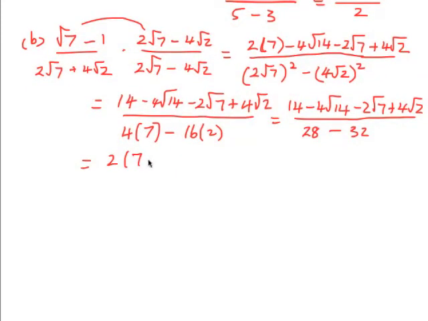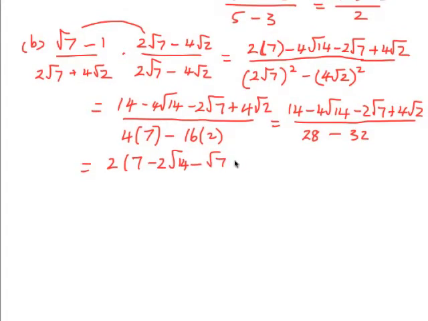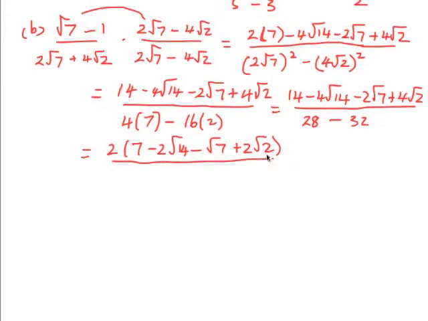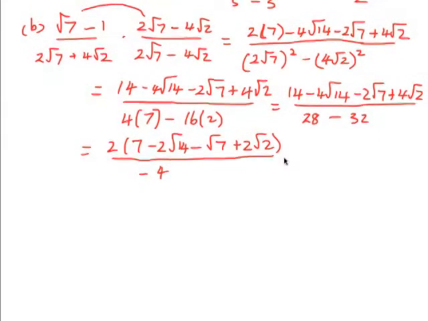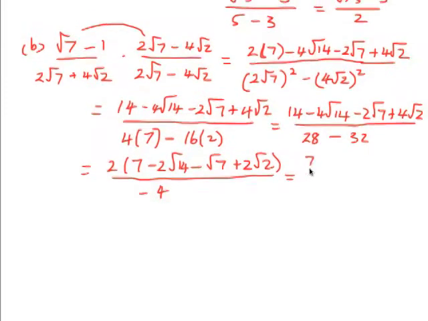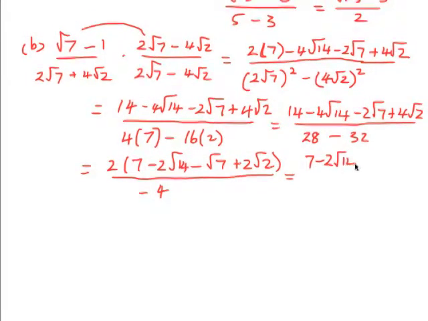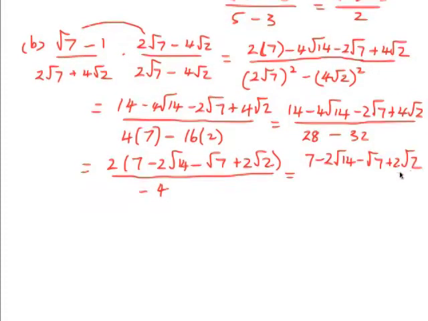So I get 7 minus 2 root 14 minus root 7 plus 2 root 2, and on the bottom I have a negative 4. So we can divide through by 2's now. So we get 7 minus 2 root 14 minus root 7 plus 2 root 2.